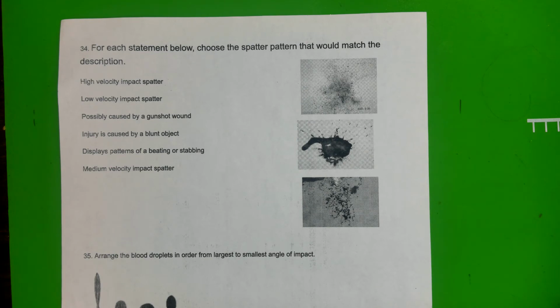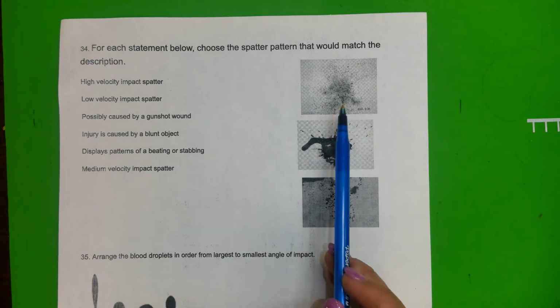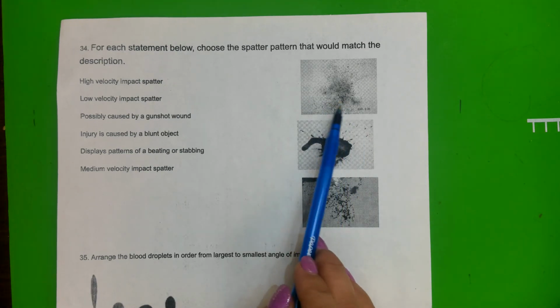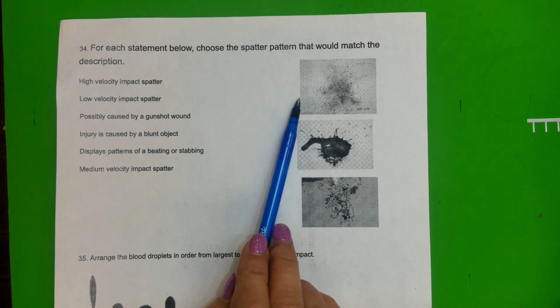Number 34. For each statement below, choose a spatter pattern that would match the description. You could tell this one has a lot more force, so a lot more energy.